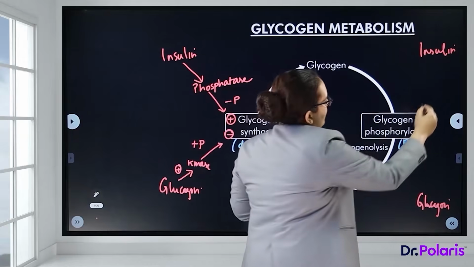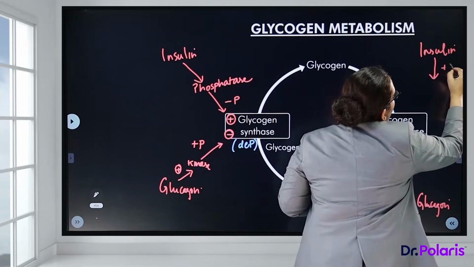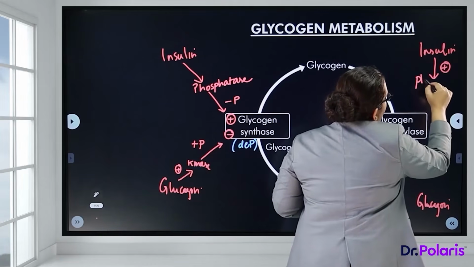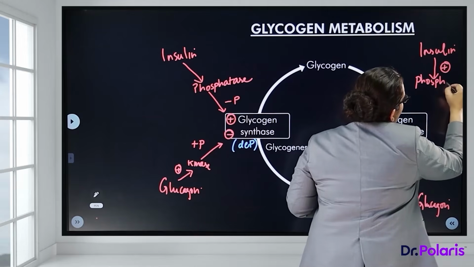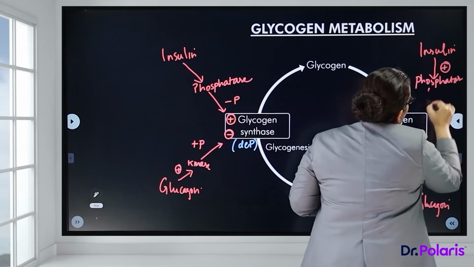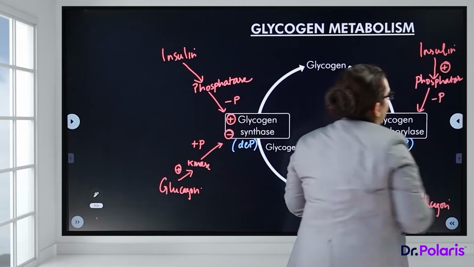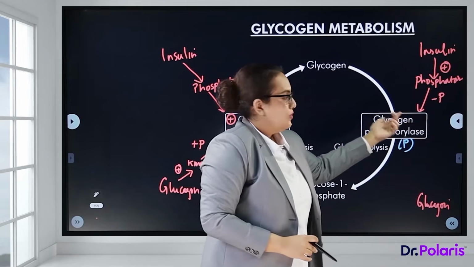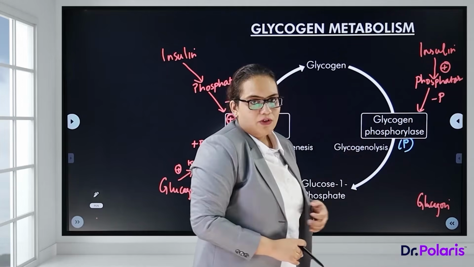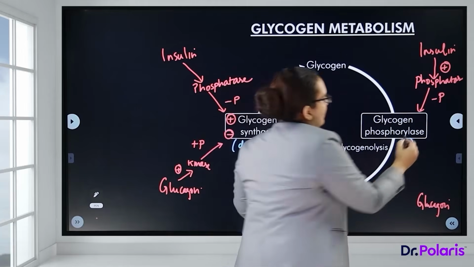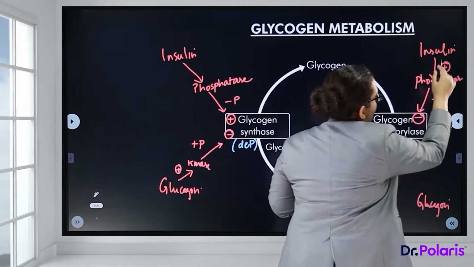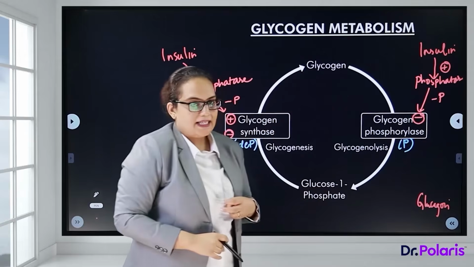Likewise, on the other hand, insulin stimulates phosphatase. Phosphatase removes the phosphate group. So, minus P I'll write here. So, that should not happen because a dephosphorylated form of glycogen phosphorylase is an inactive form. So, I'll say that in the presence of insulin, glycogen phosphorylase is inactive.